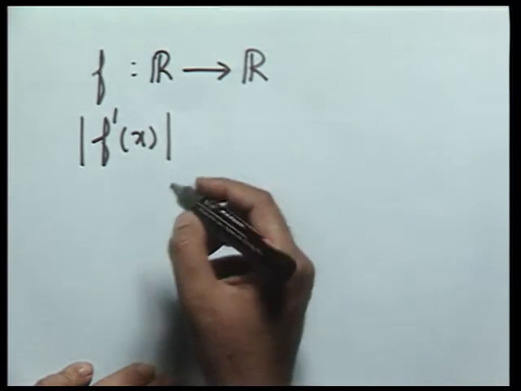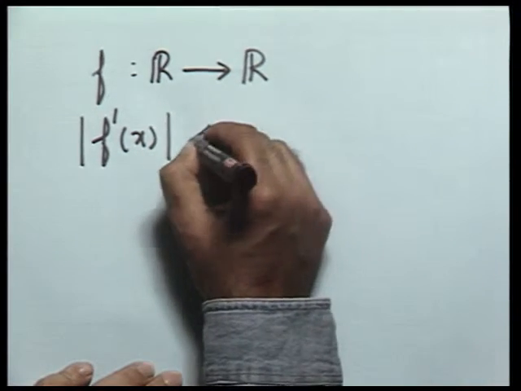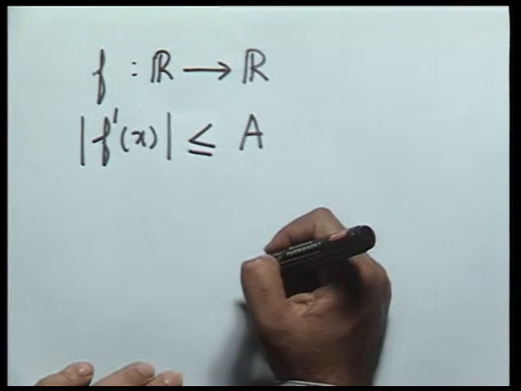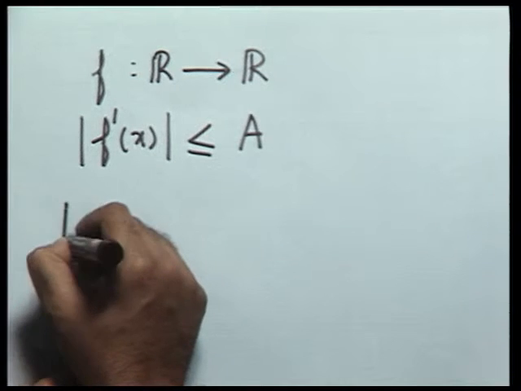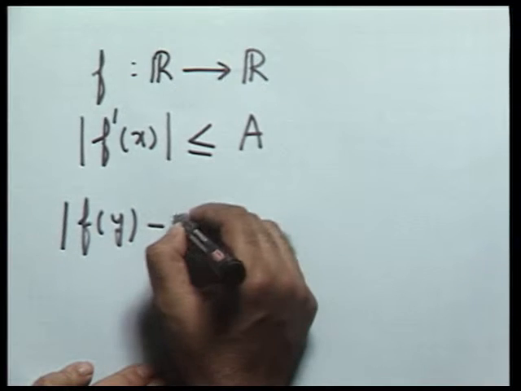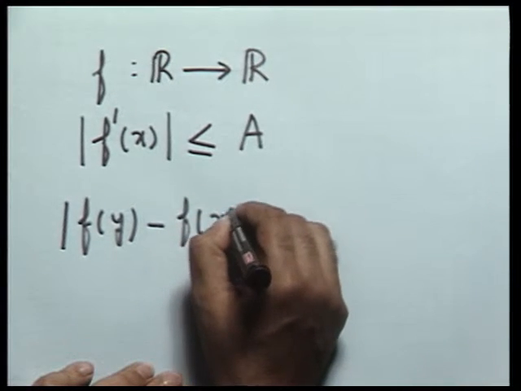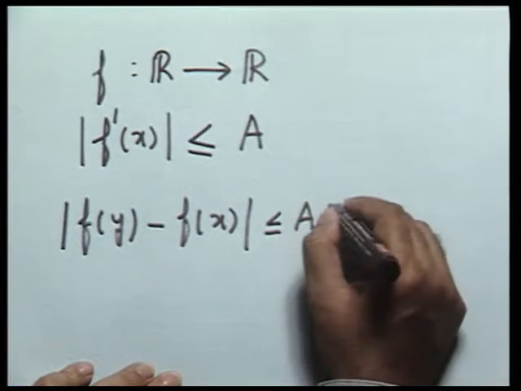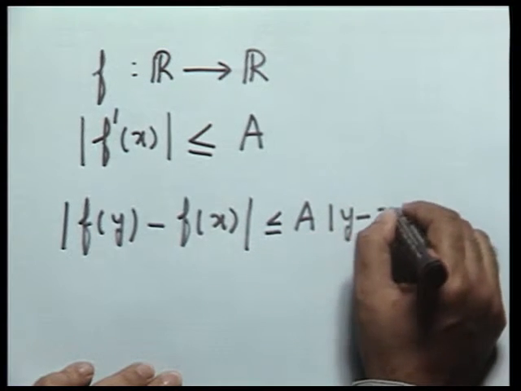The derivative is bounded by some constant, say capital A. In that case, this is what will be true for the function. For any numbers y and x, mod of f of y minus f of x will be less than or equal to A times mod of y minus x.